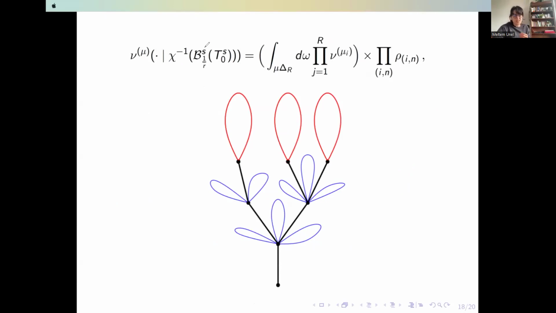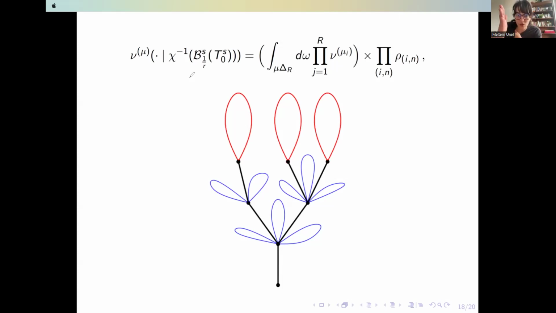So what does this expression say? It says that if I take a tree T0S that is possibly a part of a backbone, a spinal tree, that is a tree with only infinite type vertices, then I look at the ball around this tree in the set of spinal trees, and then at the pre-image of this set of balls.